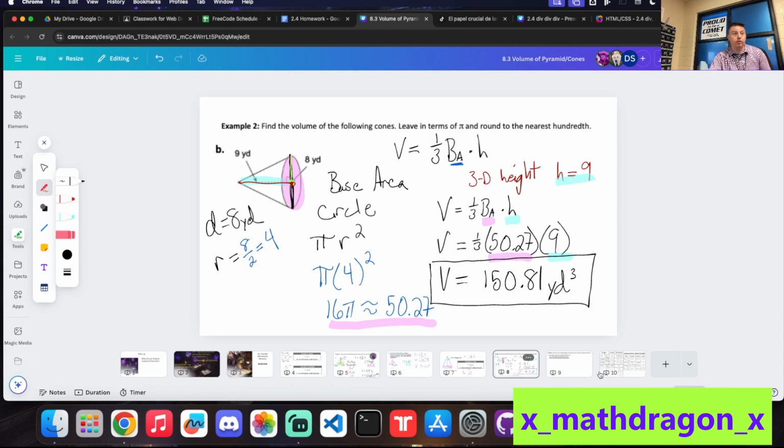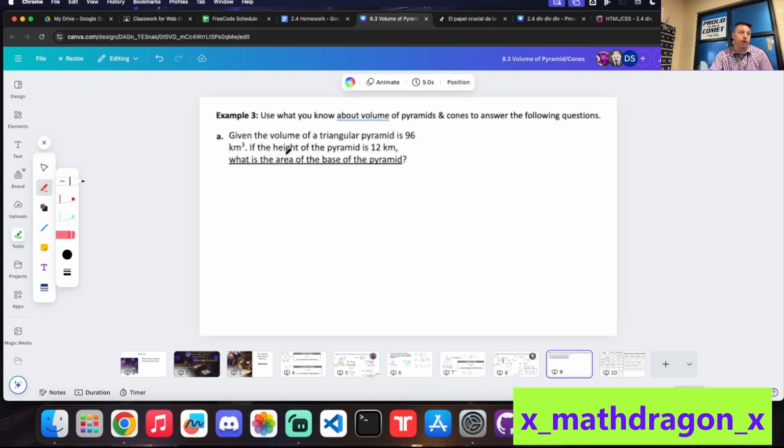Now for the last part, they're going to give you the volume. Now we need to calculate something. So whatever it is, especially in this unit, do 1/3 BA times H. You're either going to be looking for the base area, the height, or the volume. Maybe they might ask you something inside of a base area, but be careful with that.